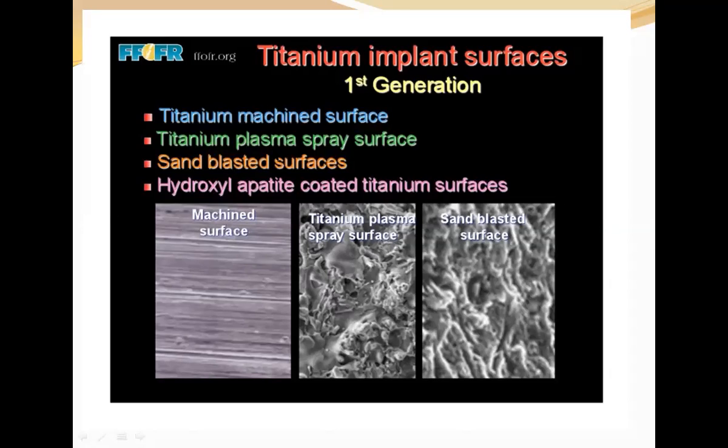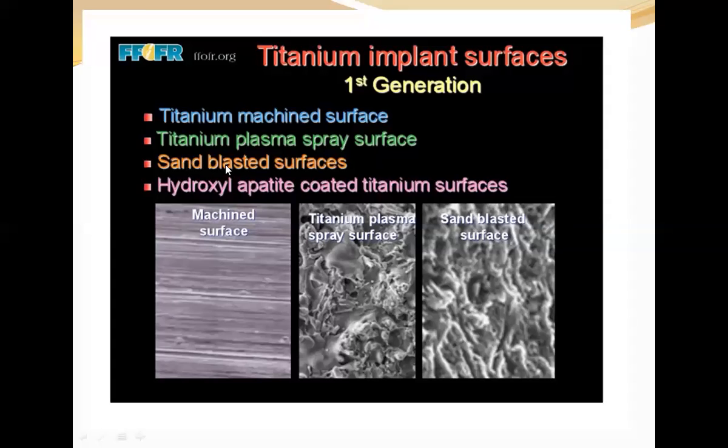These sprays were called plasma spray surfaces, and this plasma would enhance bone formation, so the bone-forming cells would produce more bone there. That is called osseoconductive.